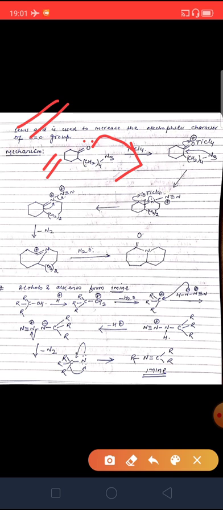Here you will have this oxygen, this oxygen is here, and this will be the final product in this case. So this is all about this intramolecular Schmidt reaction, and similar to this we can also prepare the caprolactam or the lactam from this particular reaction.